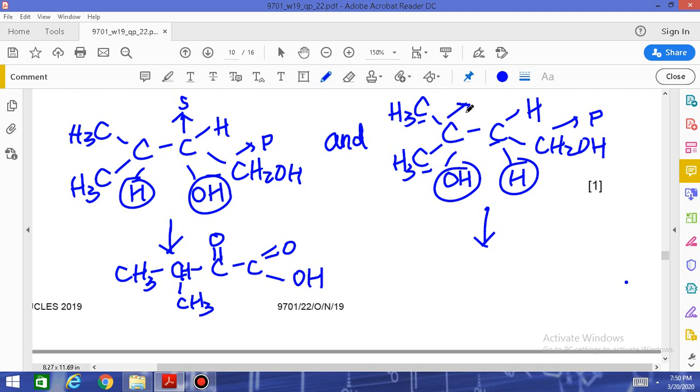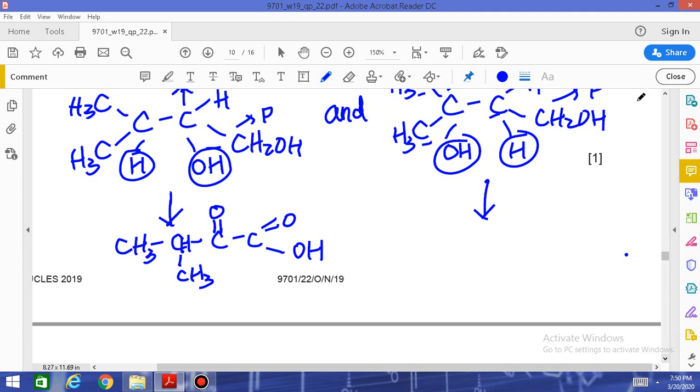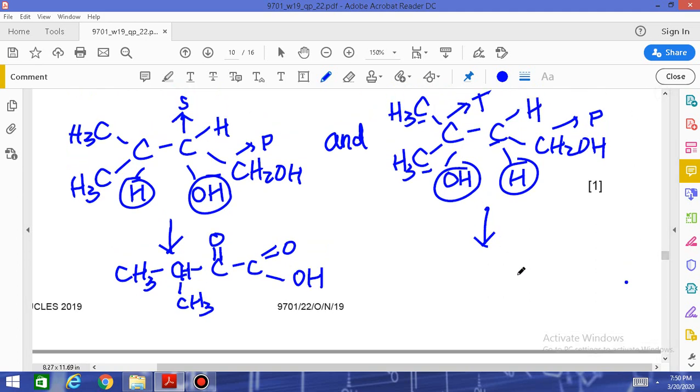So this is a tertiary alcohol. Tertiary alcohol cannot be oxidized. So the primary alcohol is oxidized into carboxylic acid, while this alcohol cannot be oxidized.